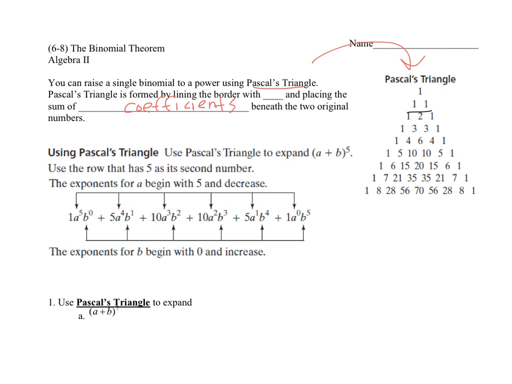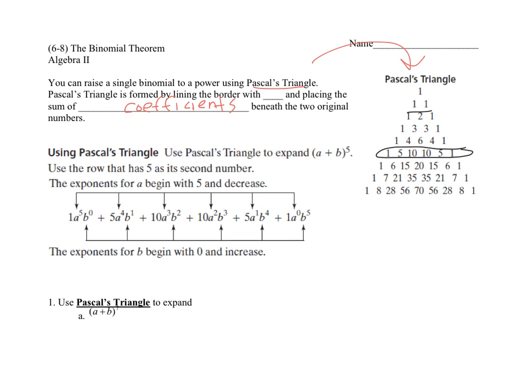So remember, a binomial is 2 terms of a polynomial, and you're going to use the row that has 5 with its second number, that's raised to the 5th. So you go down to where 5 is, right here.